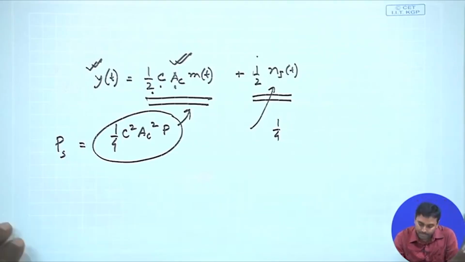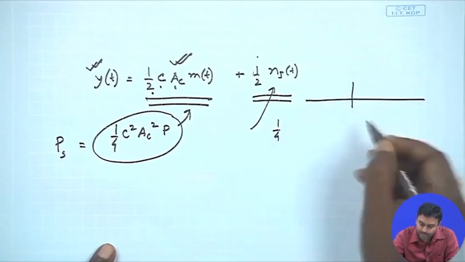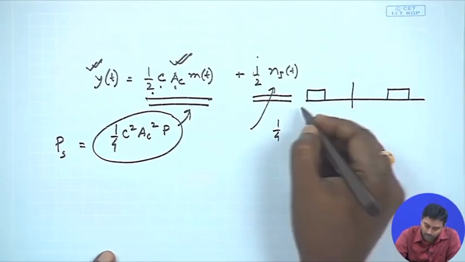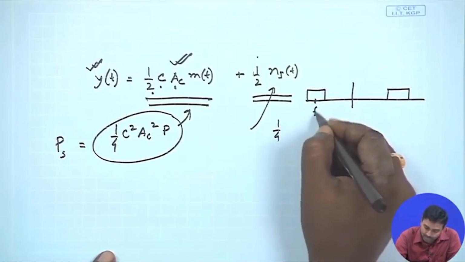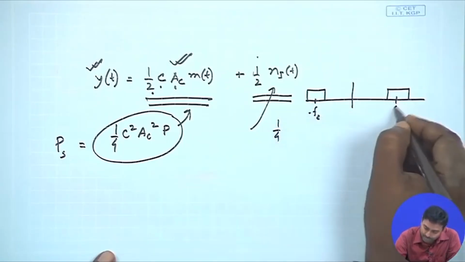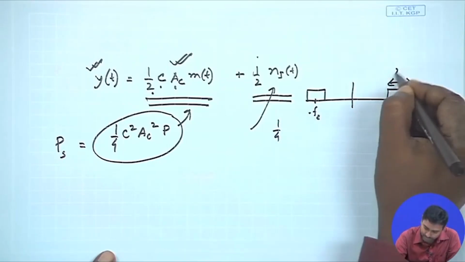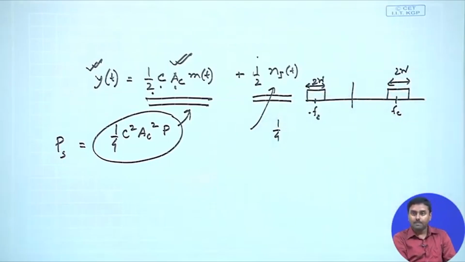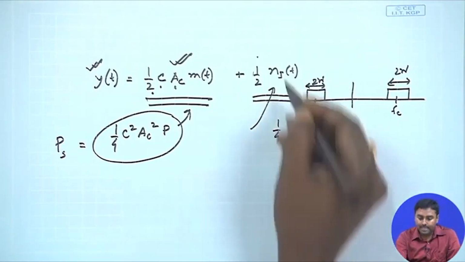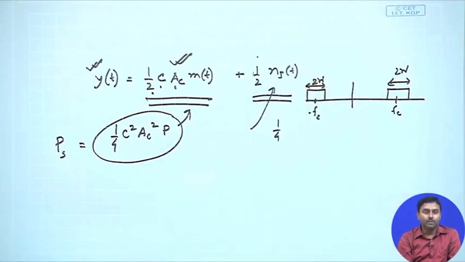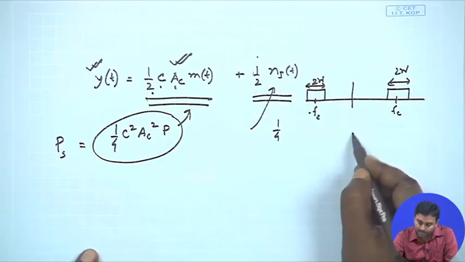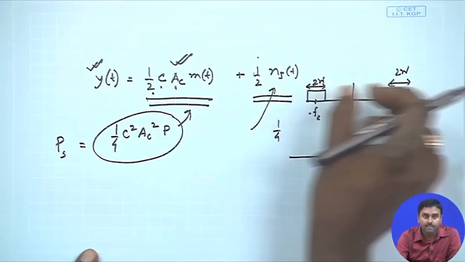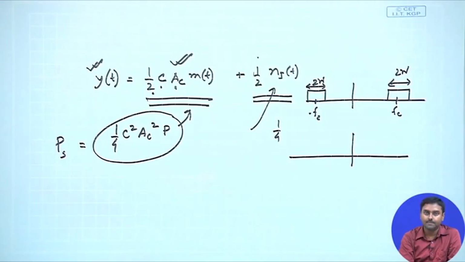We have told that if I have the noise band going from minus fc to plus fc, centered at the center frequency, and this band is 2W, then Ni or Nq will be nothing but this part shifted to this side plus this part shifted to this side, okay.